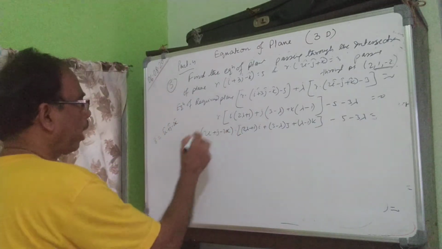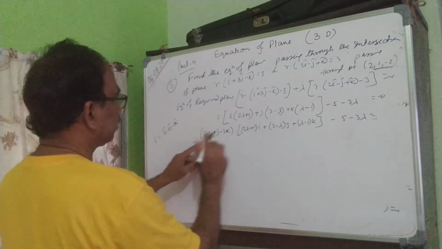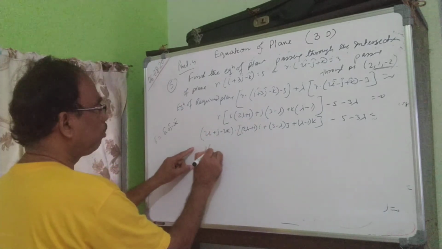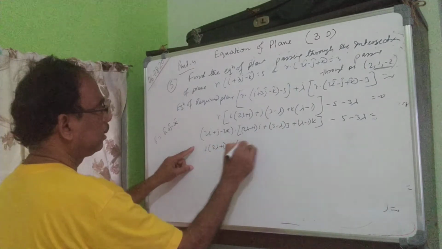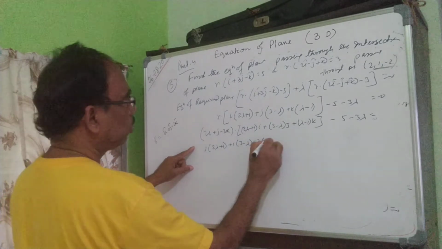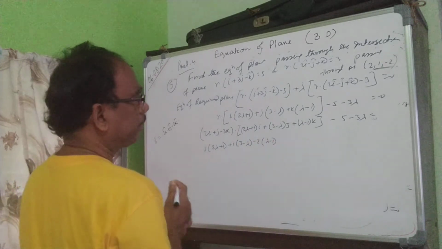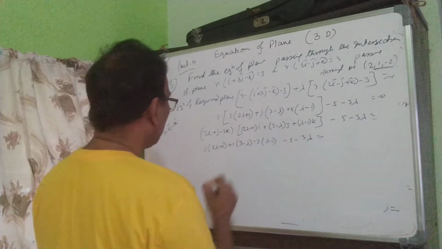Now taking the dot product: 2 times (2 lambda plus 1) plus 1 times (3 minus lambda) minus 2 times (lambda minus 1) minus 5 minus 3 lambda equals 0.